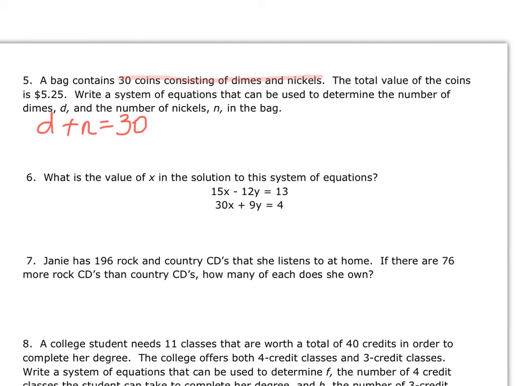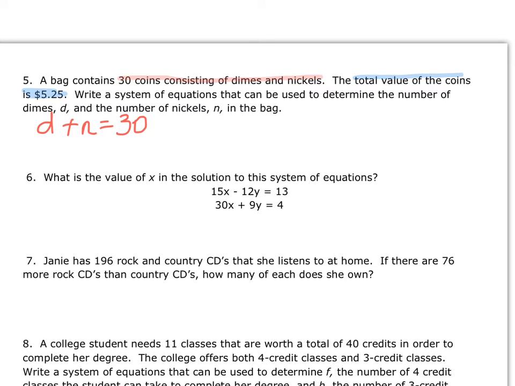My second clue says the total value of the coins is $5.25. So, how can I find out the total amount of money I have in dimes if I know how many dimes I have? You can.